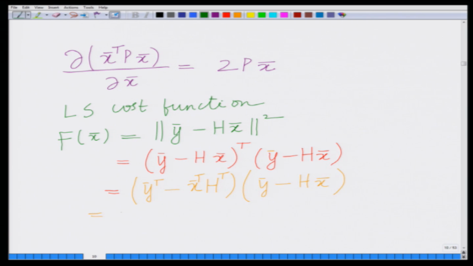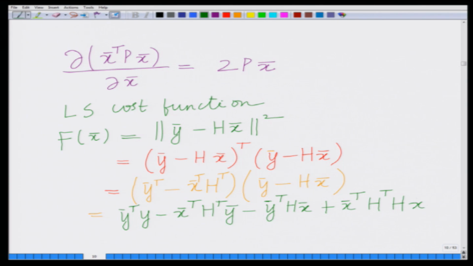which is equal to y bar transpose y bar minus x bar transpose h transpose y bar minus y bar transpose h x bar plus x bar transpose h transpose h x bar. Now, look at these two quantities, x bar transpose h transpose y bar and y bar transpose h x bar.